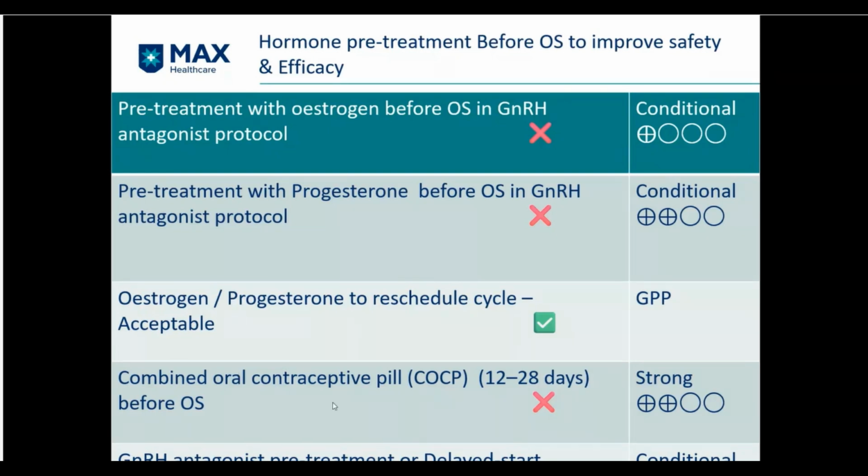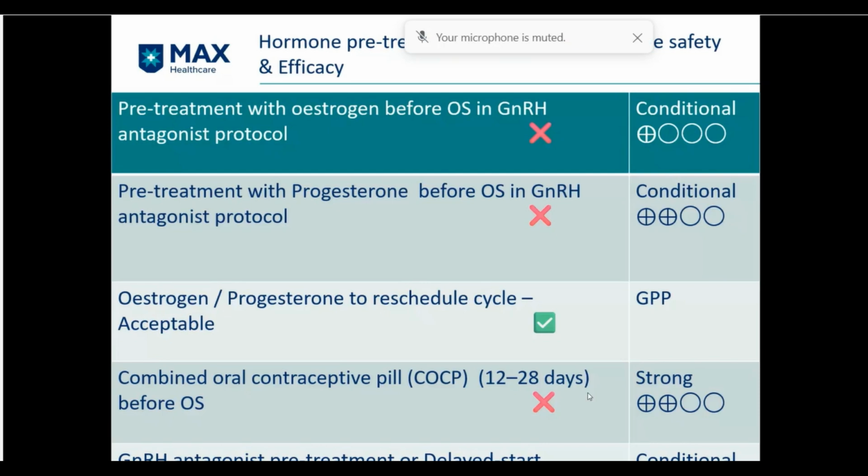Coming to the combined birth control pills, a 12 to 18 day cycle before the ovarian stimulation, there is very strong evidence that they are not to be recommended. Now, I have a comment to make here, because I presented the same topic on pre-treatment in Fertivision 2023, just in December, where I did an extensive study, because I use a lot of oral contraceptive pills, contrary to what this literature says.